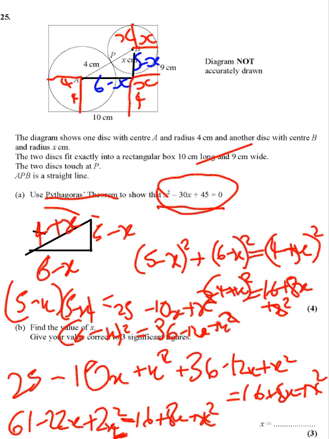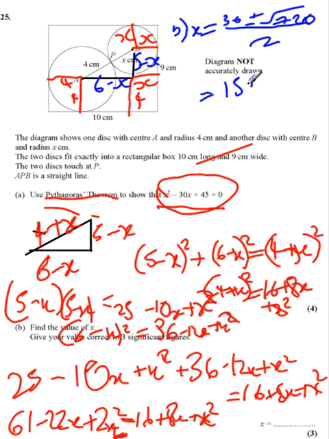So for part B, you should get x equals 30 plus or minus the square root of 720 all over 2, which comes down to 15 plus or minus root 180, which has some square factors, but we'll not simplify it. And the square root of 180 is something like 13 and a half, which means you get something like 28 and a half or 1 and a half.